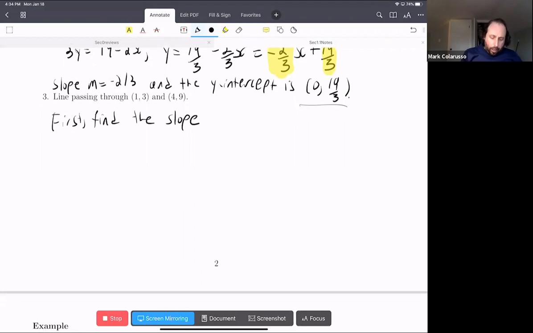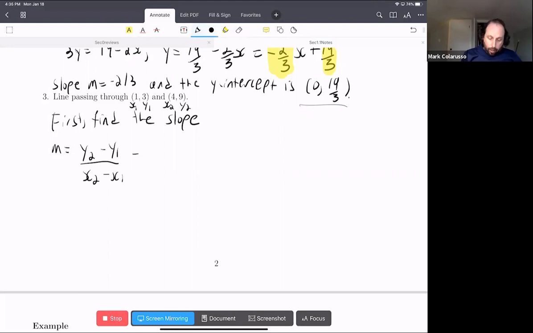So we get m is equal to, okay, we'll think of this as x1, this guy is y1, this guy is x2, this guy is y2. So maybe I'll write the definition first. y2 minus y1 over x2 minus x1.